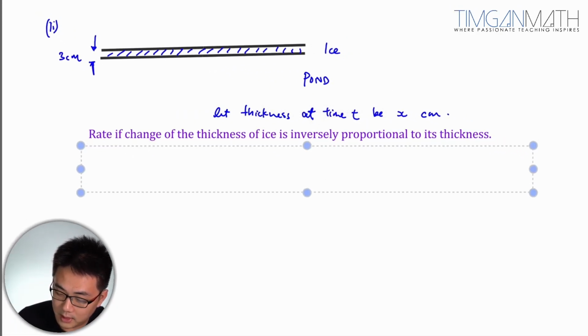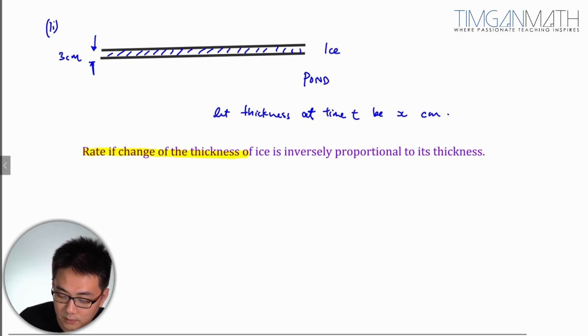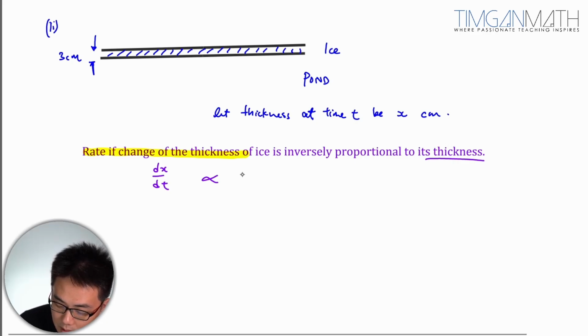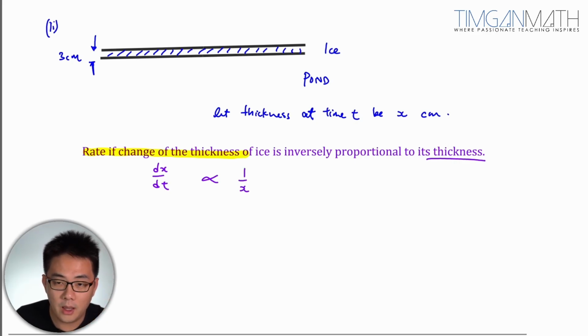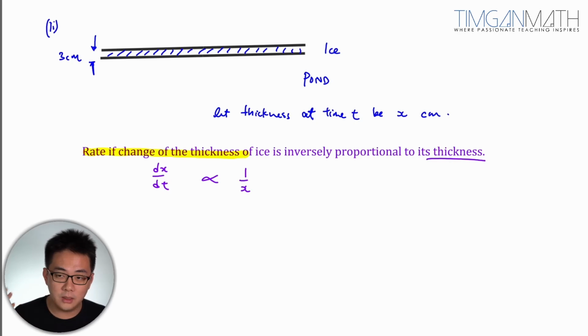To understand this phrase, the rate of change of thickness, meaning to say this is dx/dt, is inversely proportional to its thickness, meaning to say this is 1 over x. And it's an increasing function because in the winter, the thickness of ice is increasing, right?